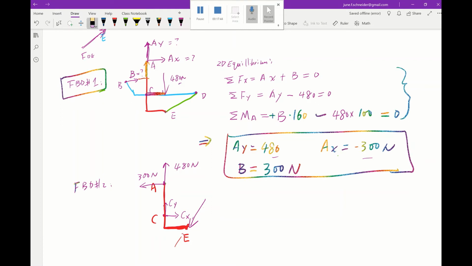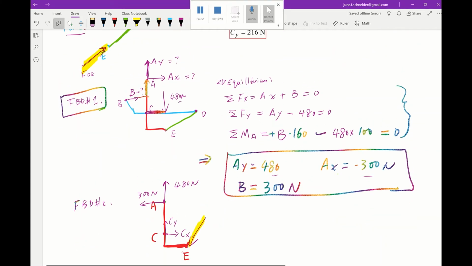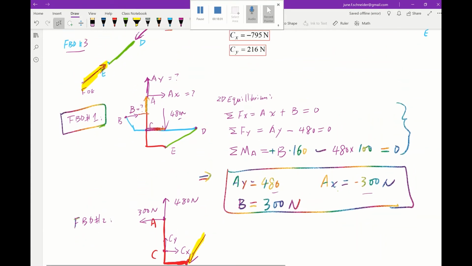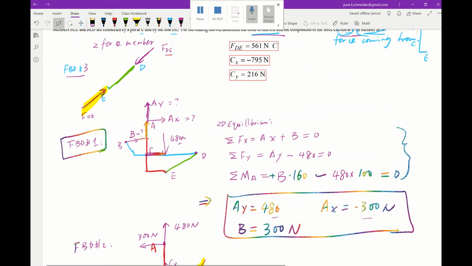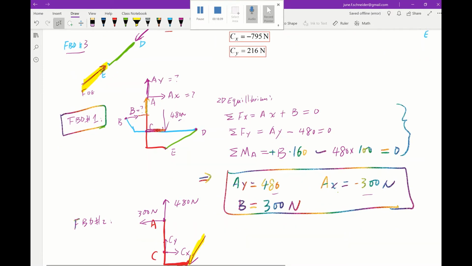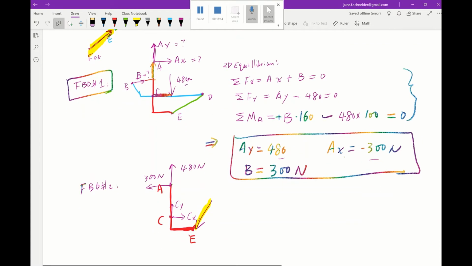So here I'm going to get rid of D, because when we look at ACE, this is very critical. Thinking about this line here, why do we have this? Because this line and this are a pair. It's Newton's third law. Here this force DE is applied by this L shape ACE, and then this DE is going to push it back the other way.